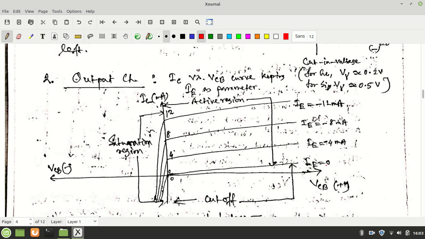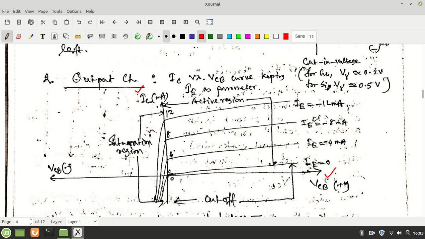In the output characteristic, you can also see there is an early effect. It is a plot of output current versus output voltage, that is IC versus VCB, and as VCB is increased, IC increases, which is again due to the early effect.